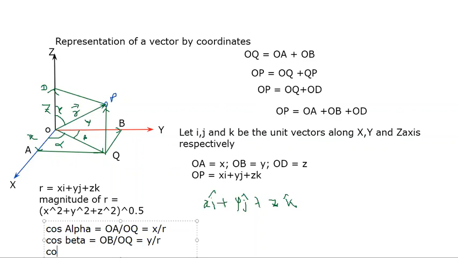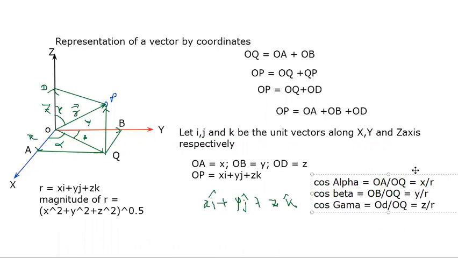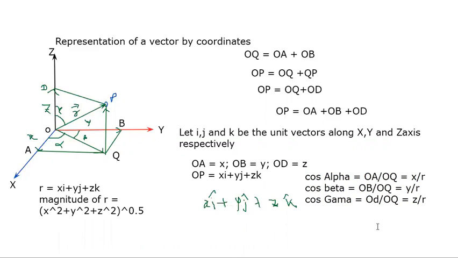Similarly, cos gamma will be equal to OD by OQ, and that will be equal to z by R, right? So this is how you find out the directions. Have I made myself clear?